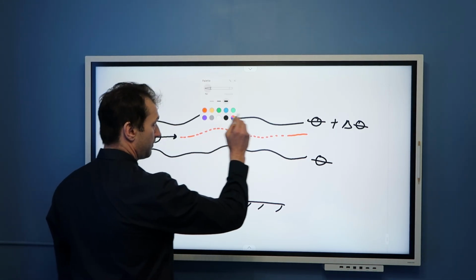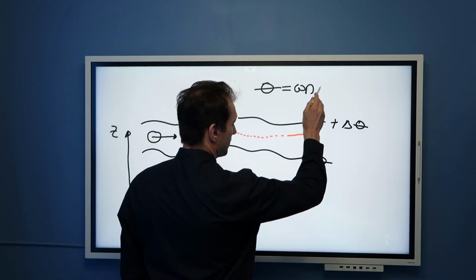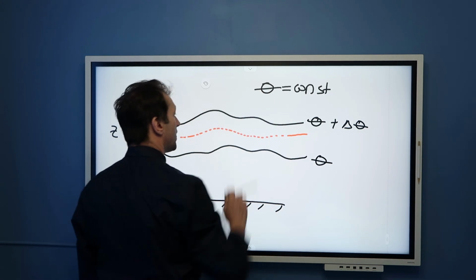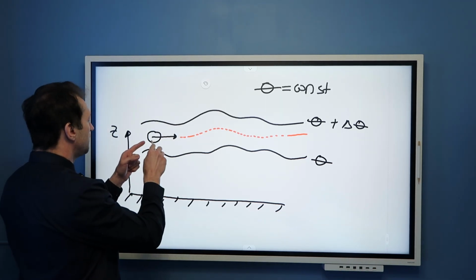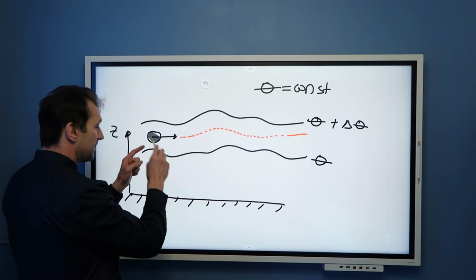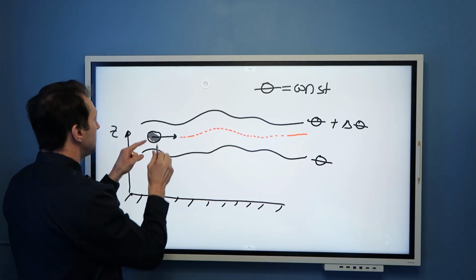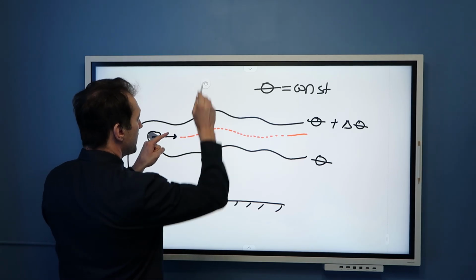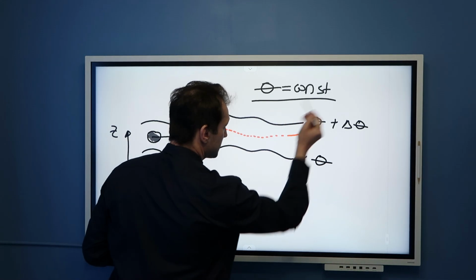You might say, why? How do you know? I'll tell you why. Because theta is conserved, it's constant, for adiabatic processes. So if this parcel of air satisfies the condition of an adiabatic process, then as it is moving up, down, left, right, doesn't matter where, this is satisfied.